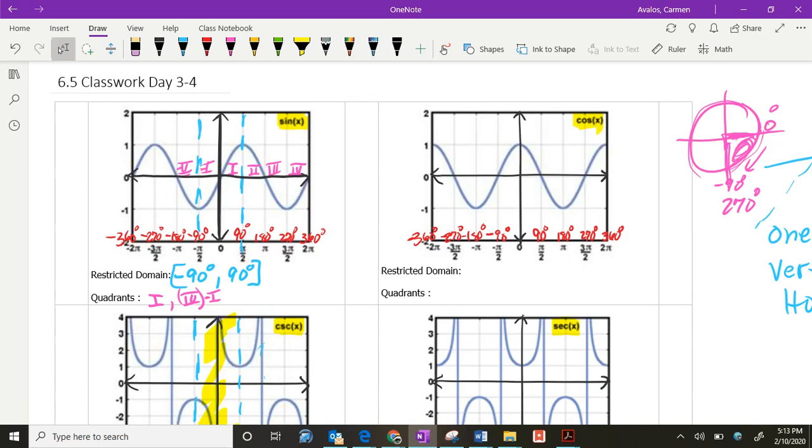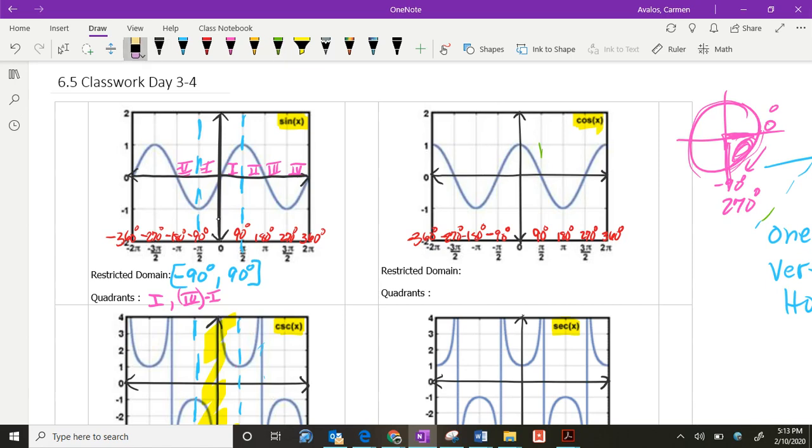Now, cosine is a little bit different. We figured out that sine, cosecant, and tangent all work on the same restrictions. Cosine is restricted a little differently because if I were to restrict it between -90 and +90, notice how it would not pass the horizontal line test.